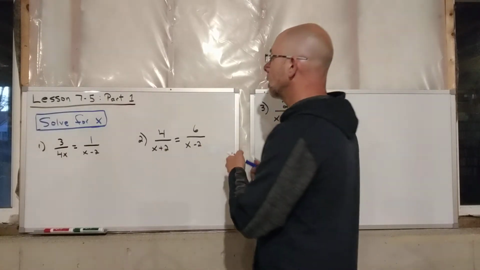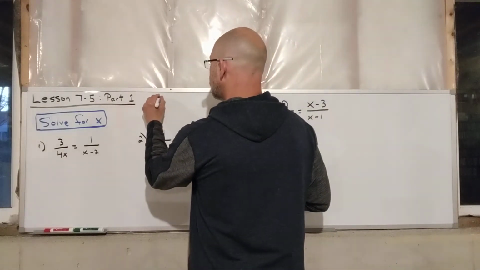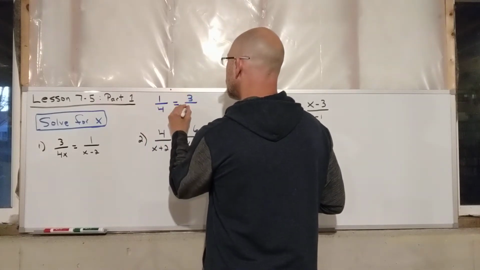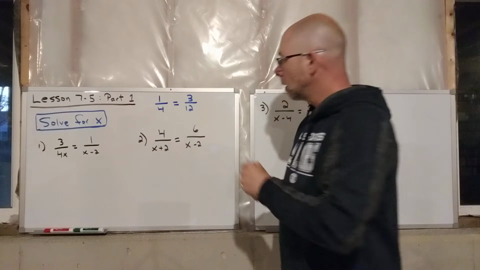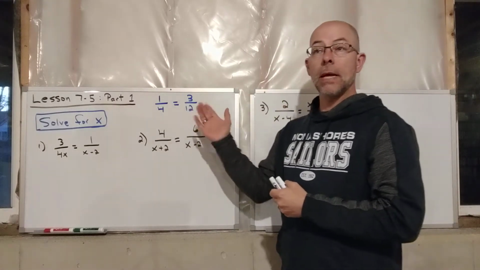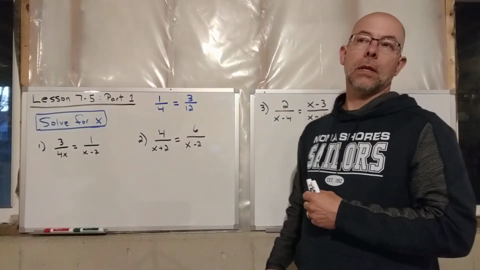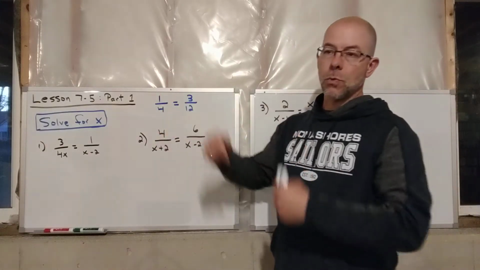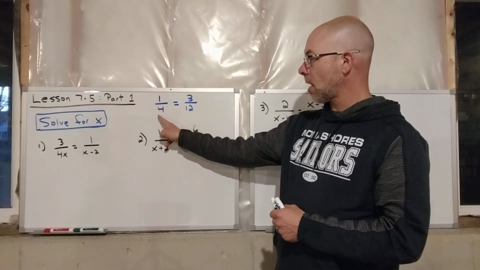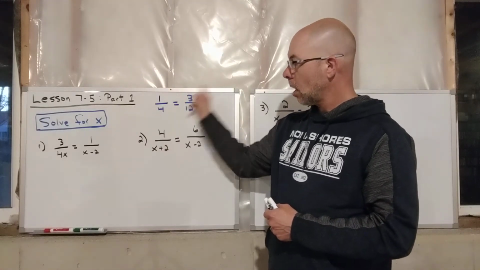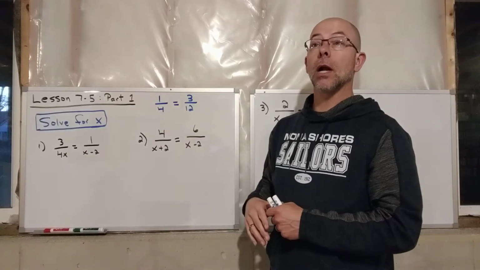For example, you may or may not know the fraction 1/4 equals 3/12. 3/12 can be reduced to 1/4, but here's the thing. If you have a fraction equal to a fraction, the diagonals always multiply to the same number.